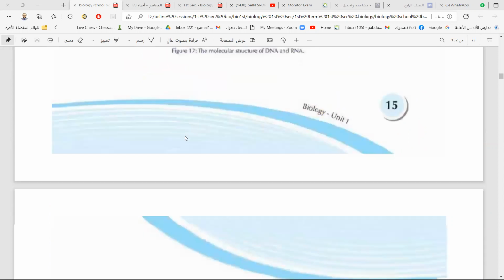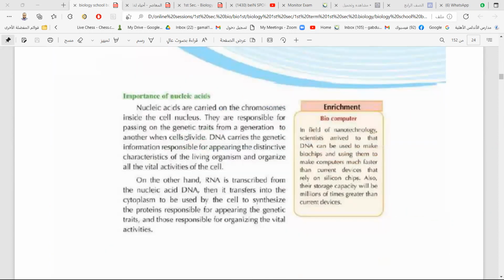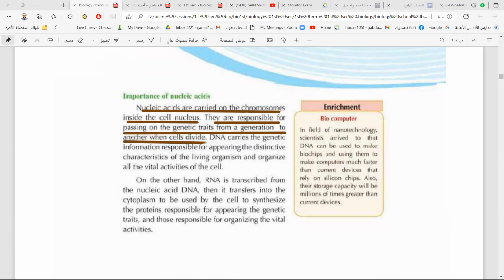The DNA contains the genes which are responsible for the appearance of the hereditary traits. They are found on the chromosomes inside the cell nucleus. They are responsible for passage of the genetic traits from one generation to another when the cells divide.